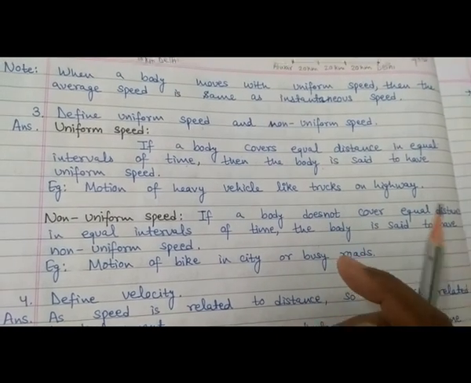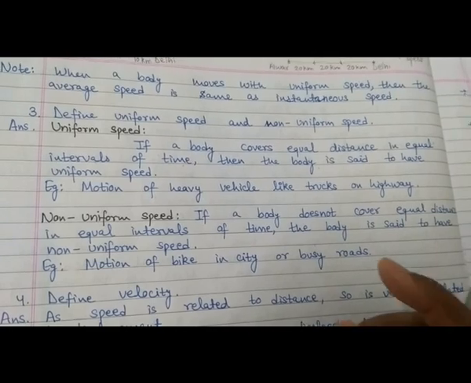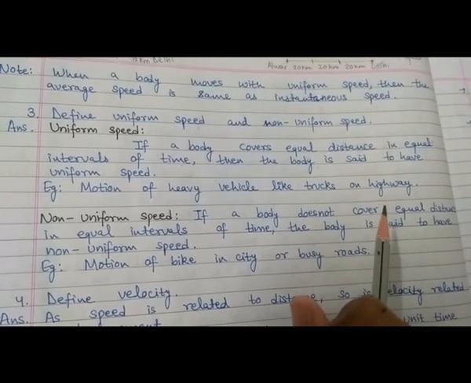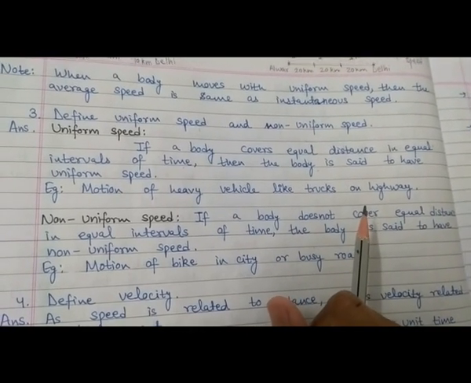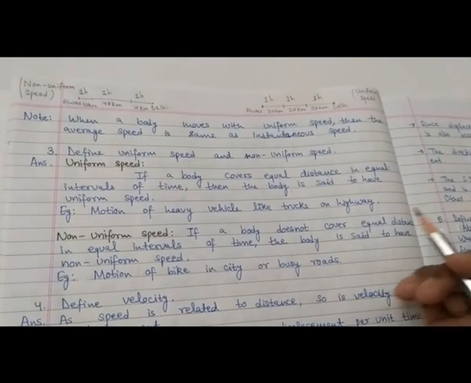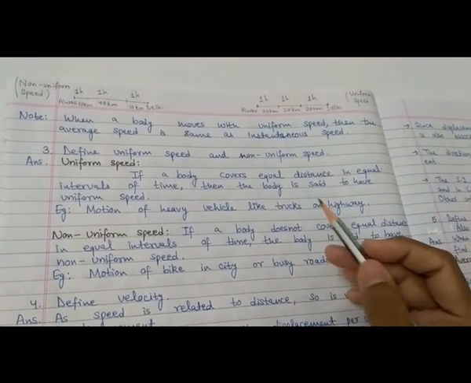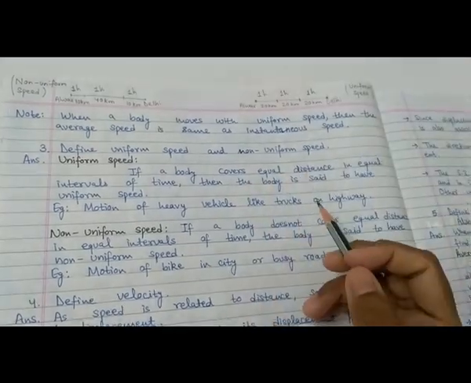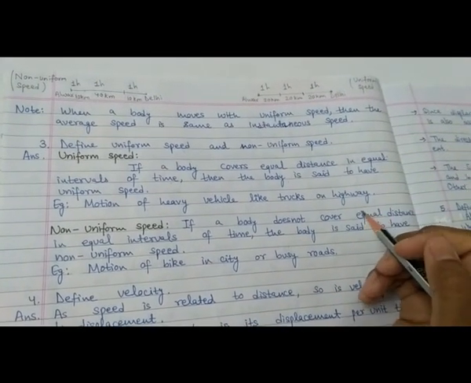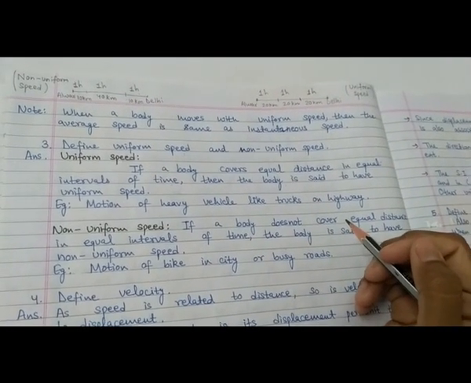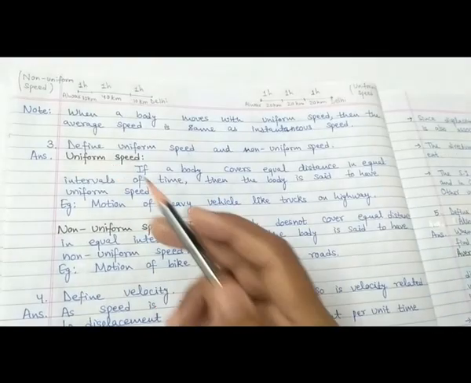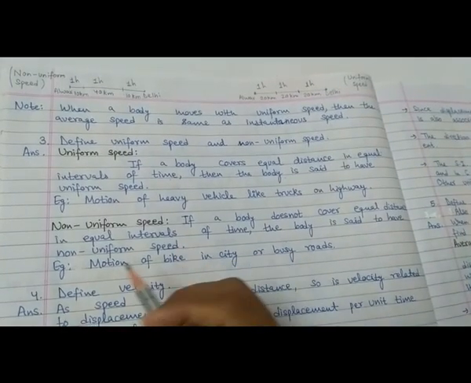Why? Because they have lots of load in their vehicles. So in order to avoid wear and tear in the heavy vehicle, the truck driver tries to maintain the truck at uniform speed.